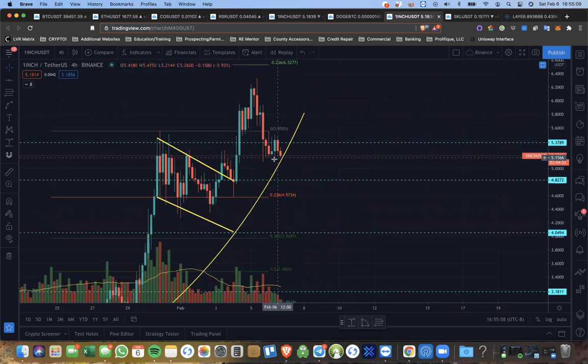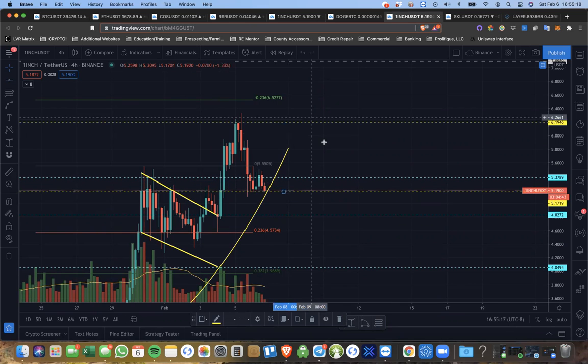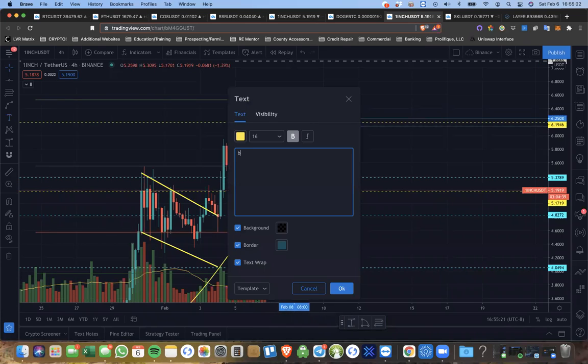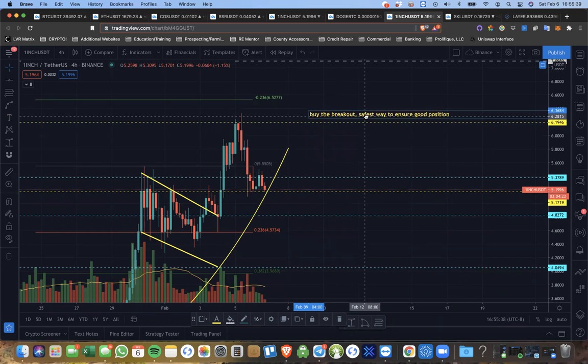Entry point, aggressive, safer. So I'll mark that here as well. By the breakout, safest way to ensure a good position of this line.